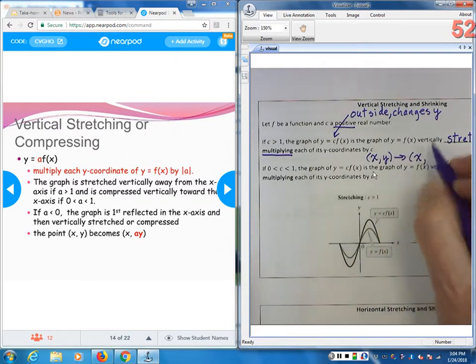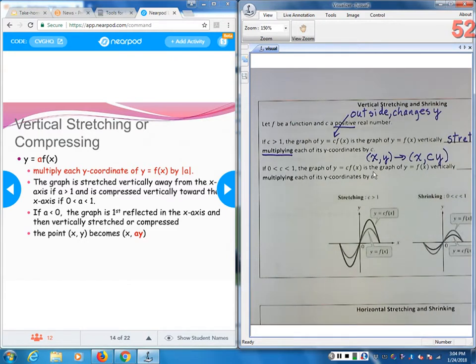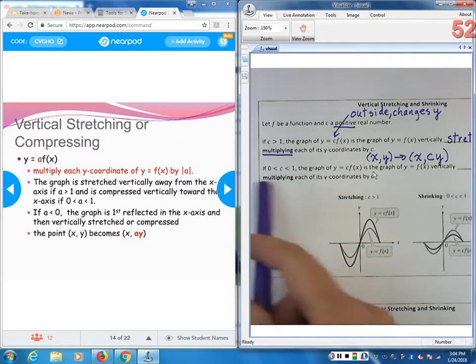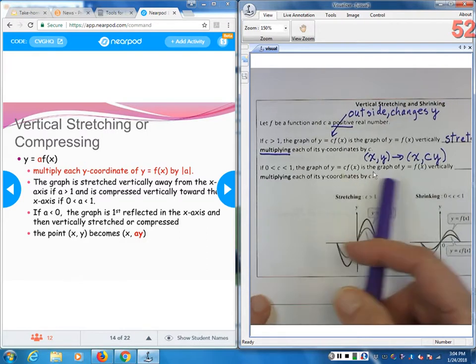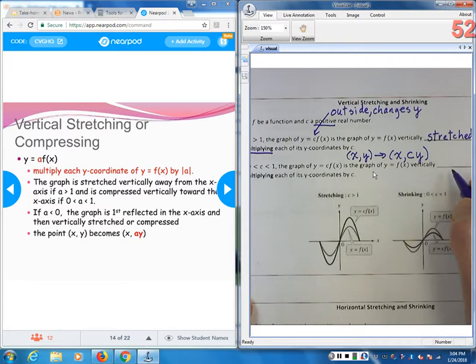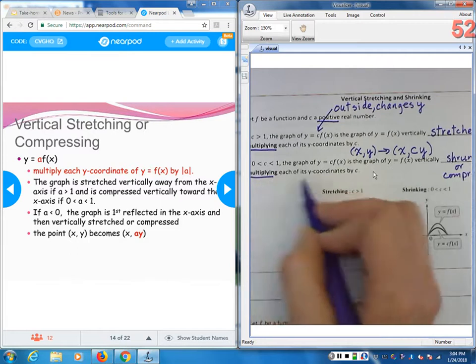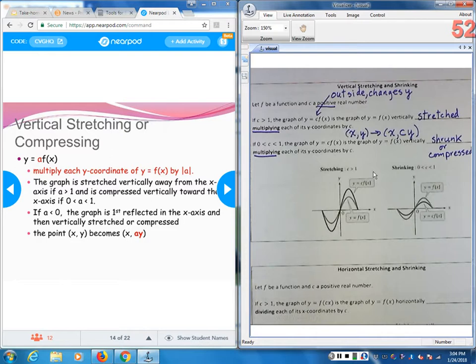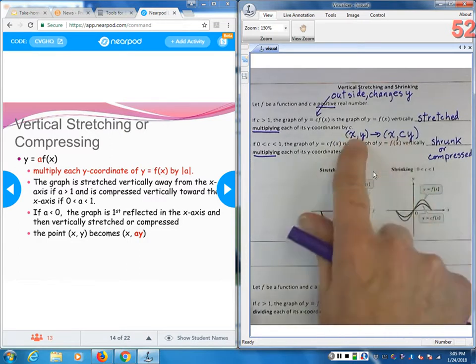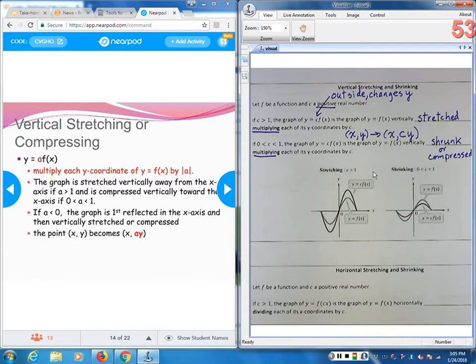They used A, but we're using C. If C is between 0 and 1, then the graph of y equals C times f of x is the graph of y equals f of x vertically shrunk or compressed, by multiplying each of its y coordinates by C. So we still multiply each of the y coordinates by C. This is good for either one of these. And there's the picture of what's happening.